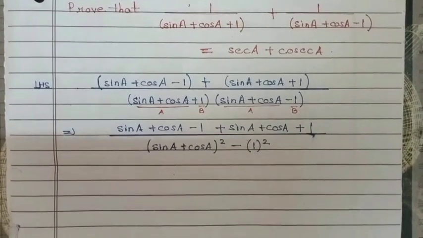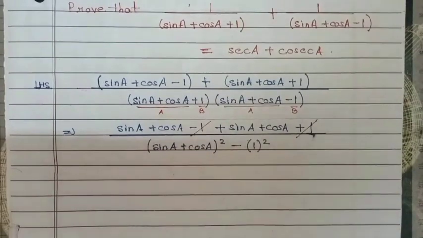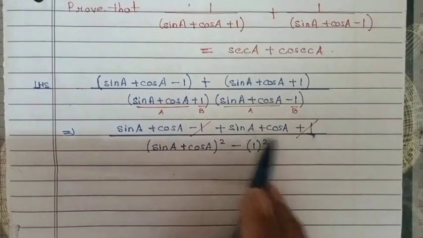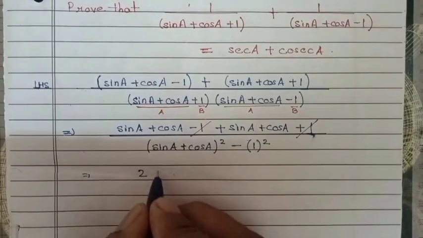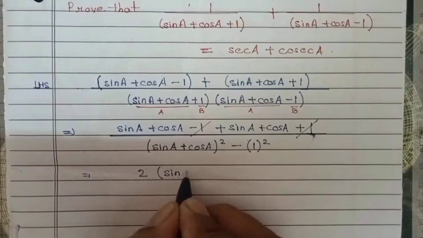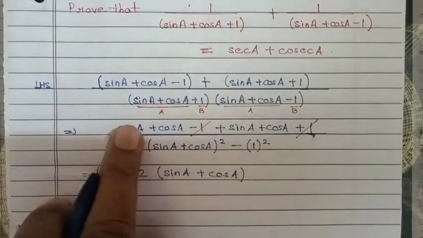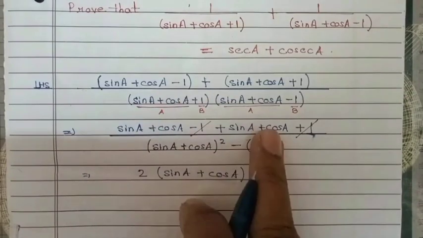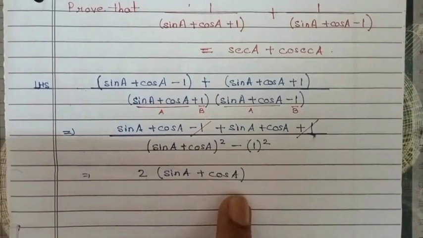Okay. Now in the numerator place, this plus minus will cancel out. So you are left with sine plus cos, then again sine plus cos, so you can say you are getting twice sine plus cos.